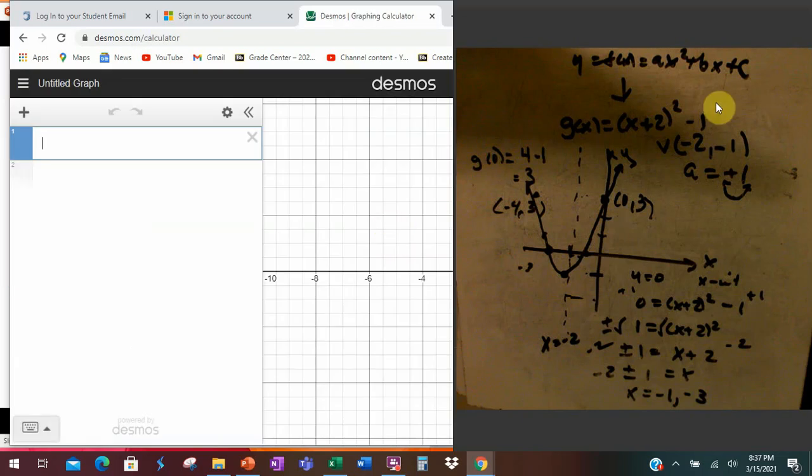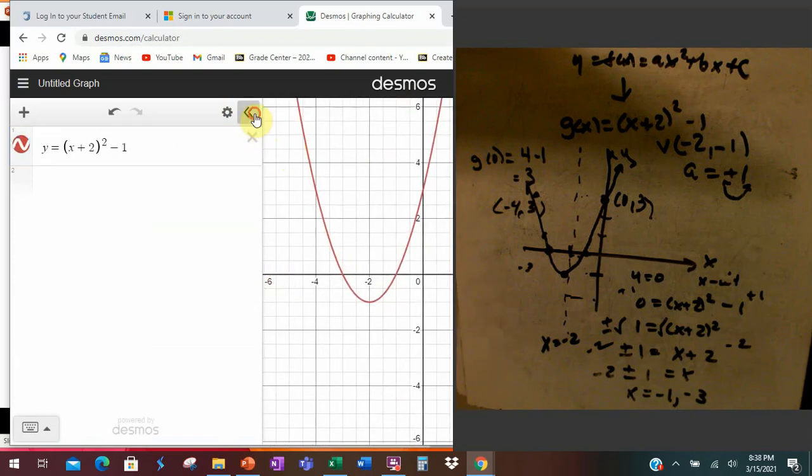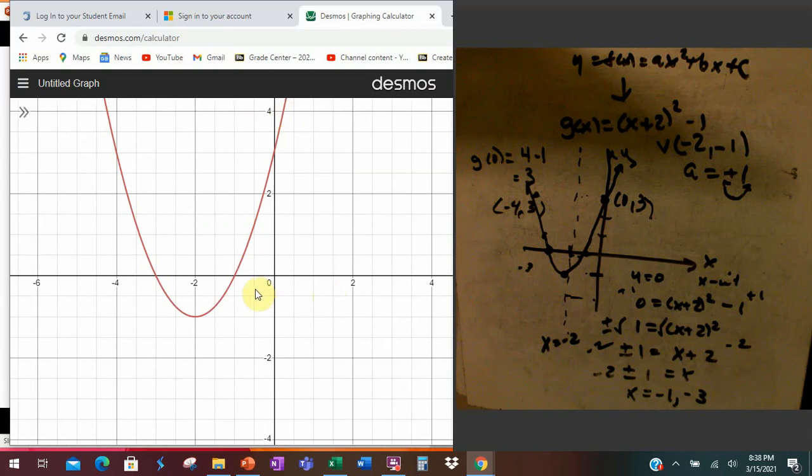Let's put this in here as y is equal to x plus 2 squared minus 1, and that's what it looks like.